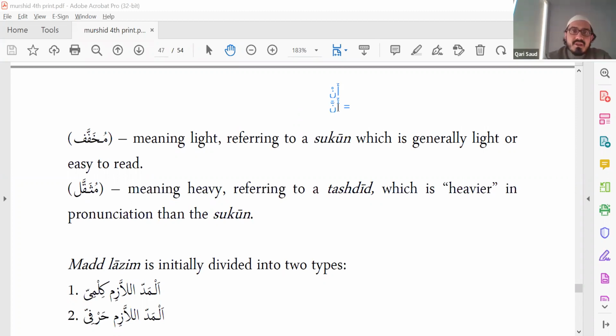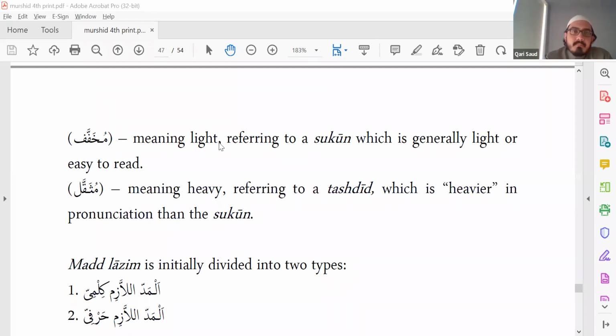But actually, Anna is the first one with Sukun, and then another Noon with a Fatha. The idgham is done, idgham means to merge. Both noons are put together, and then you bring the shadda tashdid sign and join them, and it becomes that heavier. So Anna.